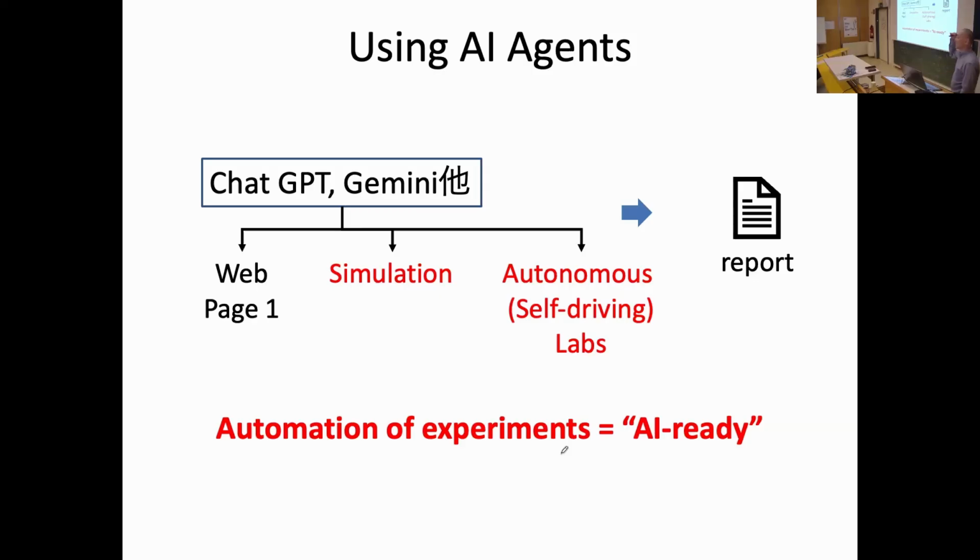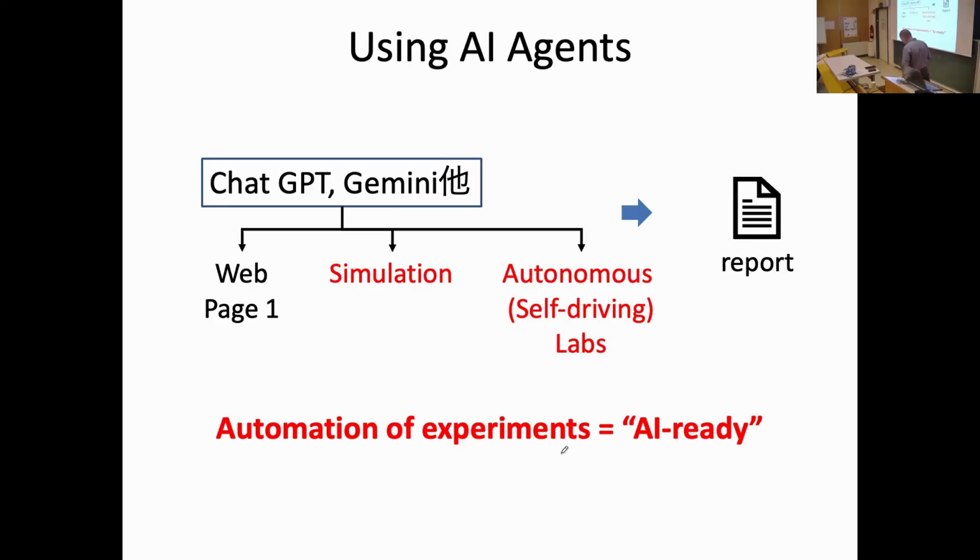And now our system or simulation can be controlled by ChatGPT or Gemini. The AI would instruct our system, do the experiment, and then report. So this is really happening right now. This is a really cutting-edge state.